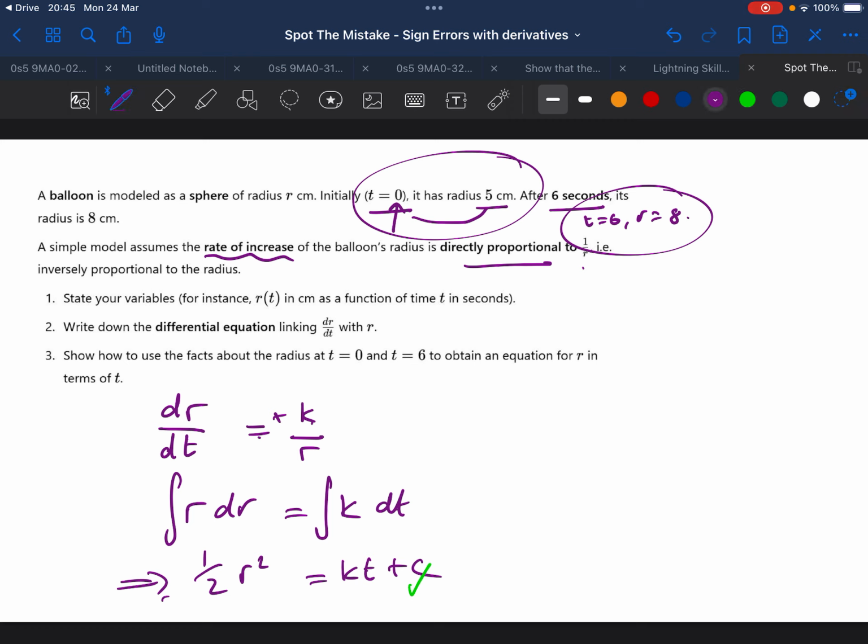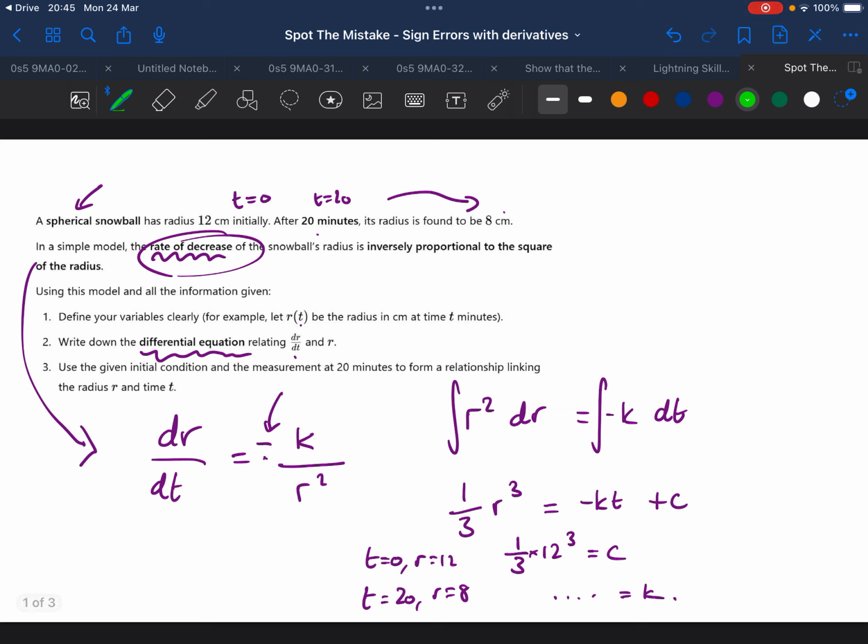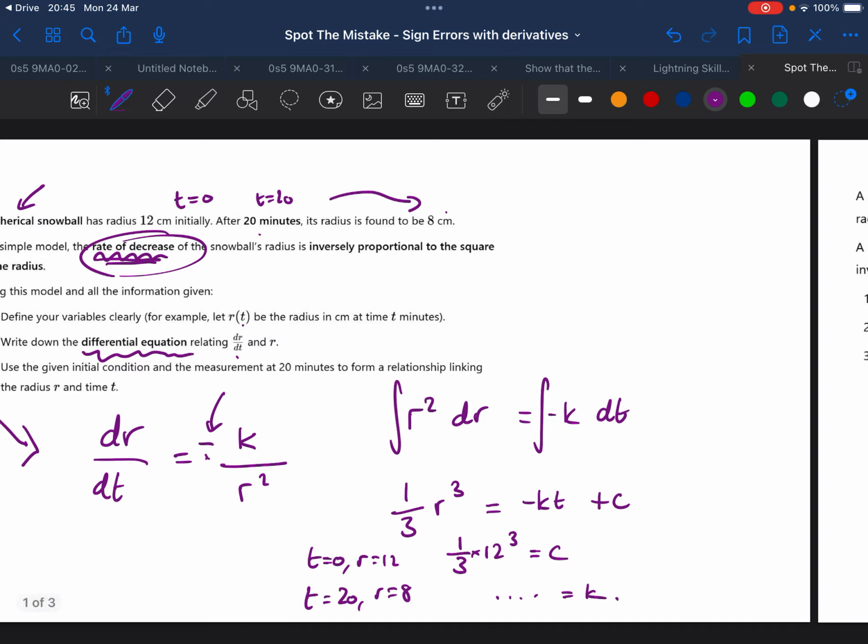And then finally you'll be able to use this information to find your k value and get your complete equation. So the mistake, perhaps not necessarily an obvious mistake in this case, but when we have a rate of decrease, we need to look out for it when making our equations.